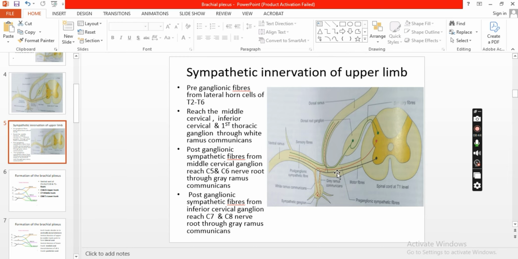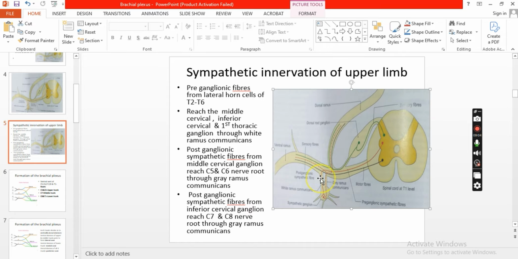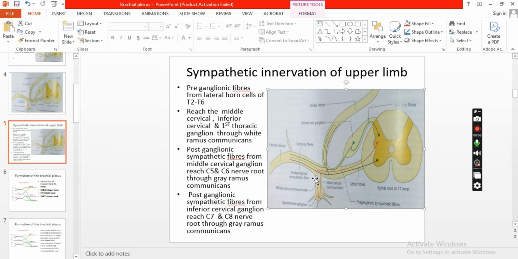sympathetic fibers. So here the preganglionic fibers arising from T2 to T6 pass through the ventral root and reach the spinal nerve, and pass through a connection called the white ramus communicans and enter into the sympathetic chain.